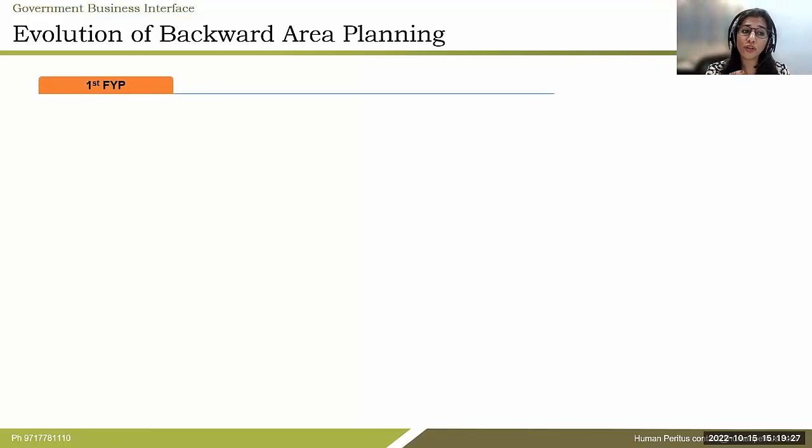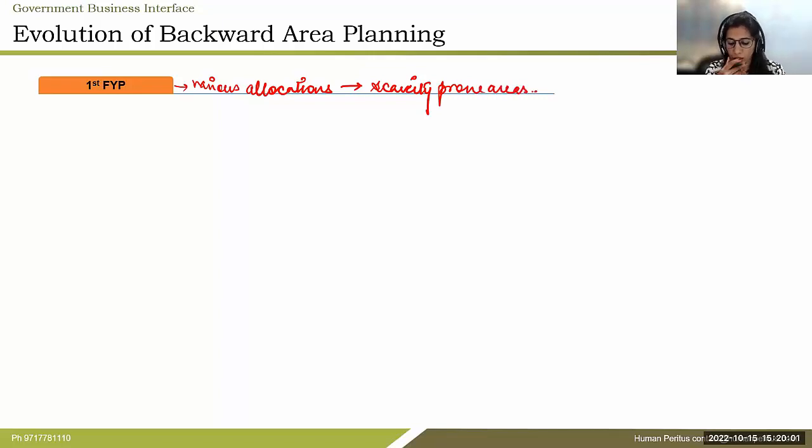Starting with the first 5-year plan. Not much I'm going to discuss here, because the first 5-year plan as a whole had so many things in it. But what it did for backward area planning was that various allocations were made for the development of scarcity-prone regions. Scarcity in terms of finances and natural resources, for example. So various allocations were made to such areas.